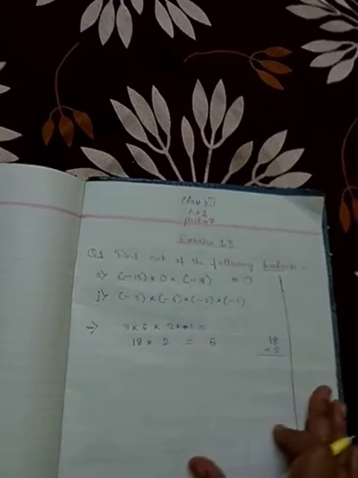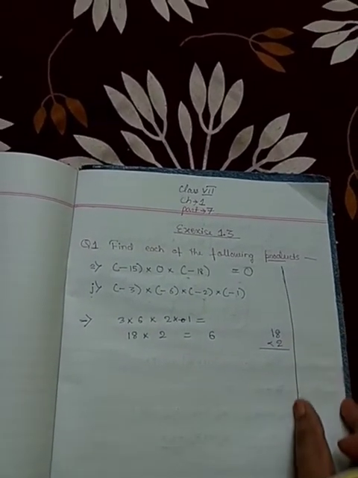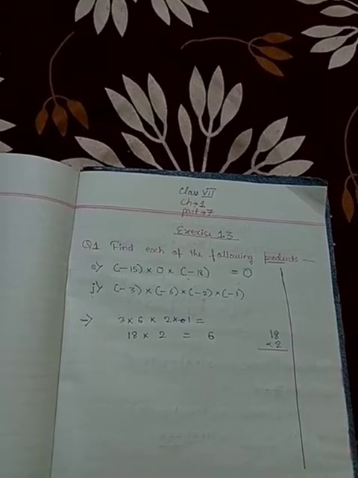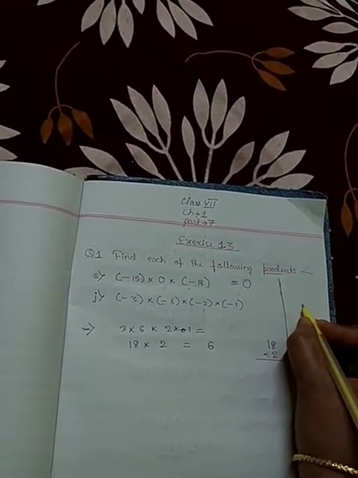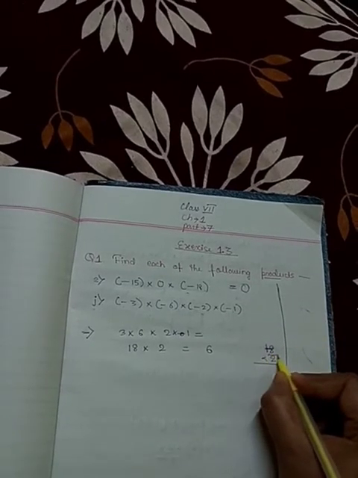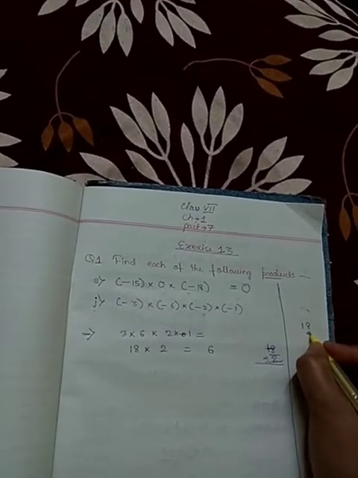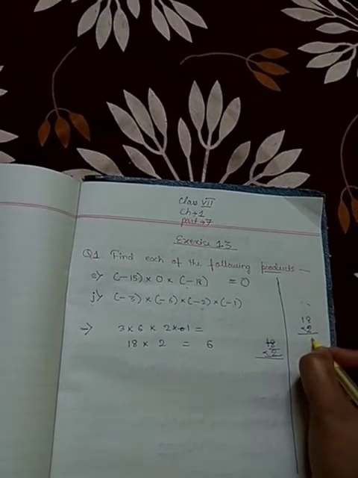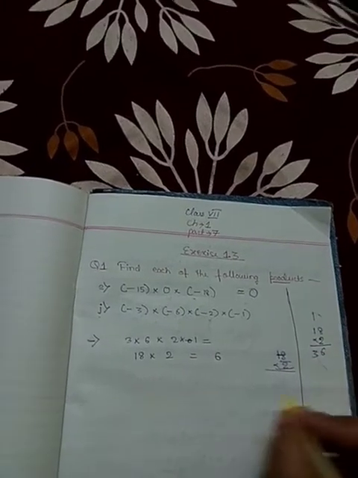Students, in your answer sheet, on the right hand side, 2 or 3 inches should be left for rough work. This is the rough part.